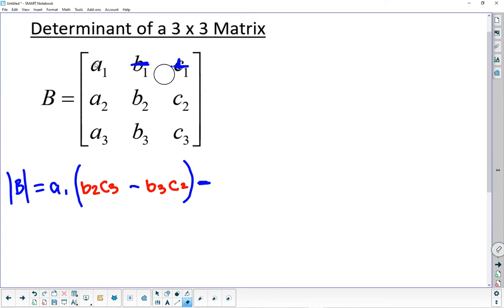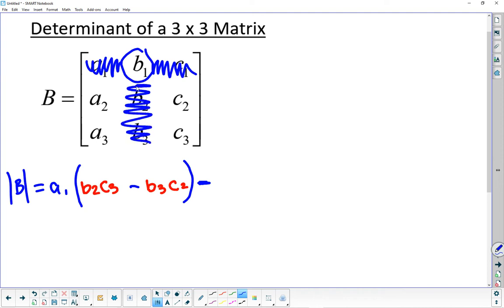Okay, so since we're using the coefficient of B1, I'm going to go ahead and take out everything in the same row as B1 and everything in the same column as B1. So all of these are gone. We're going to utilize the same procedure as the first one. So B1 times, okay, and then it's still going to be minus once you get a 2 in order, but it's going to go A2 times C3.